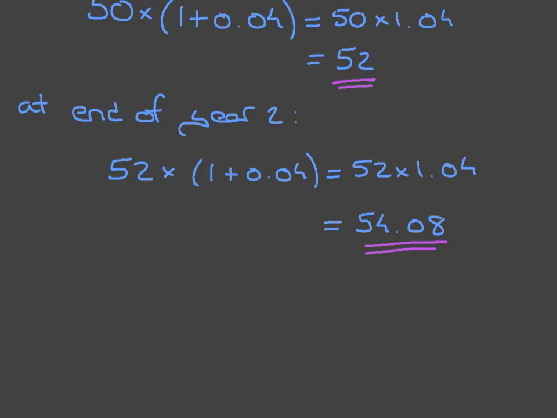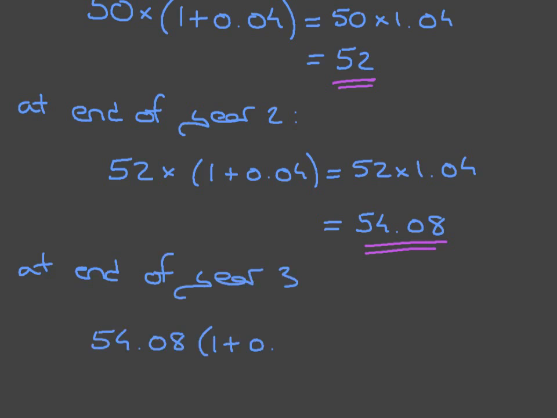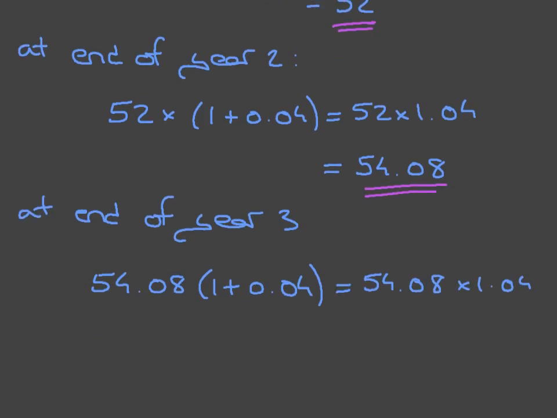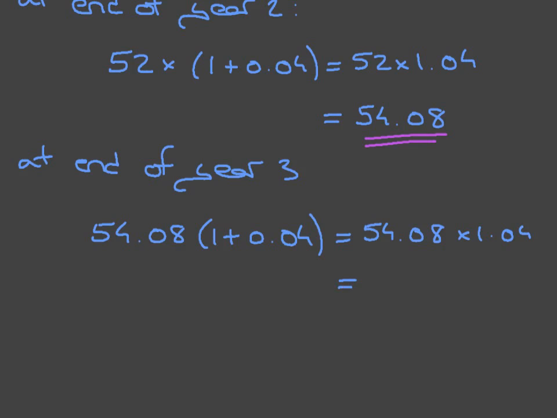So at end of year 3, she'll have 54.08 times 1 plus 0.04, so we're adding 4%, which is equal to 54.08 times 1.04. And once again, using our calculators, we find 56.2432.